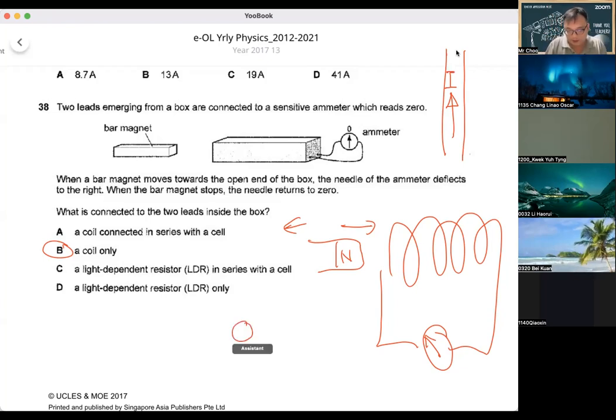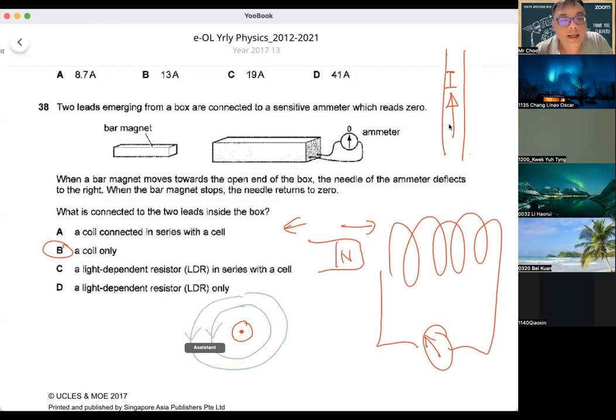If the current is moving out of the page, your thumb will be pointing out of the page, and your magnetic field will be this way. Do you remember about this? If there is a current, it will produce a magnetic field around it. You use the right hand rule: your thumb points in the direction of the current, and your fingers show the direction of the magnetic field.